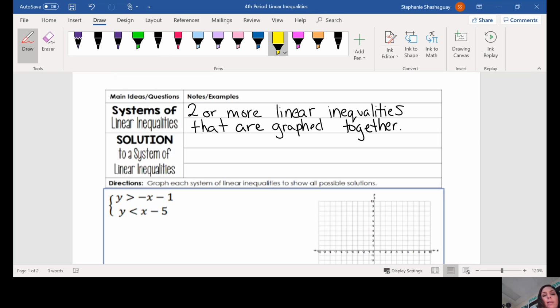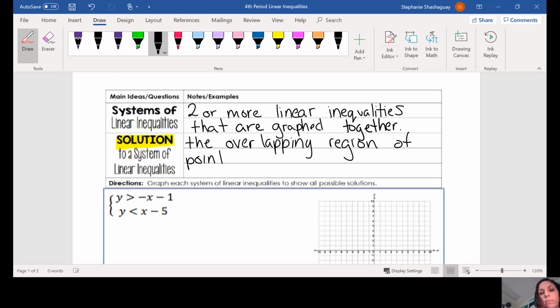Again, the solution to a system of linear inequalities is going to be the overlapping region of points that satisfy both inequalities.